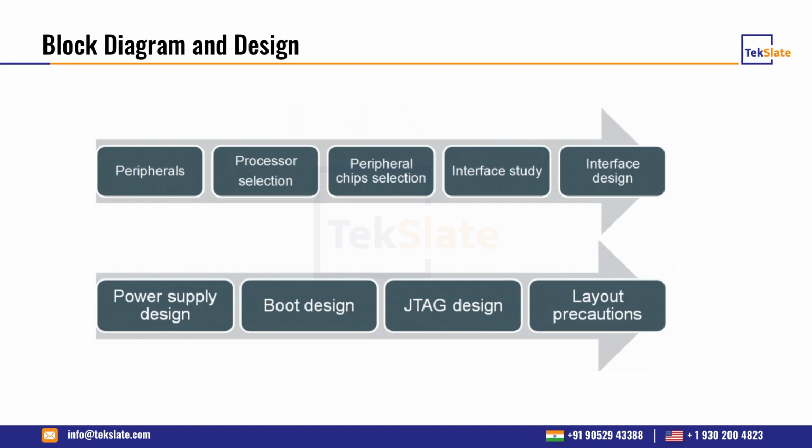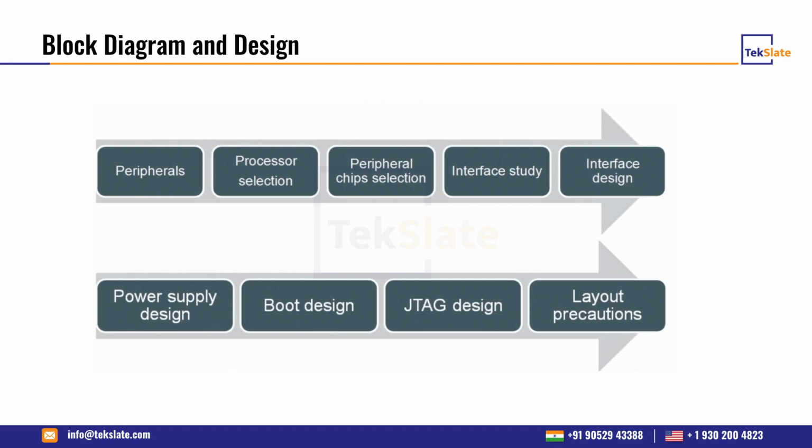Then comes the power supply. One needs to design a power supply to cater to the needs of every one of the chips on the board. Similarly, the boot design and JTAG design also need attention. They are not major design elements, so to say, but they are crucial, so one has to pay attention. If the bootstrapping of the boot pin doesn't happen properly, the code doesn't start from the right position.